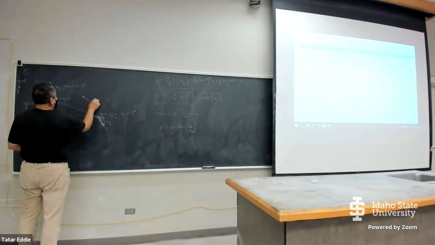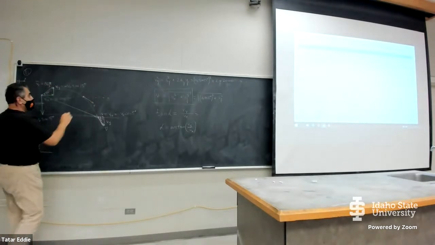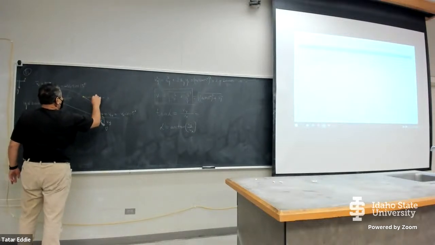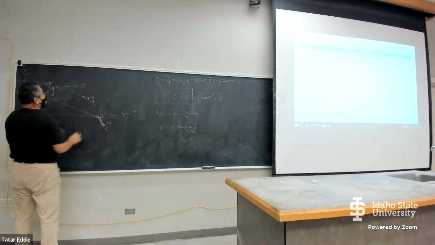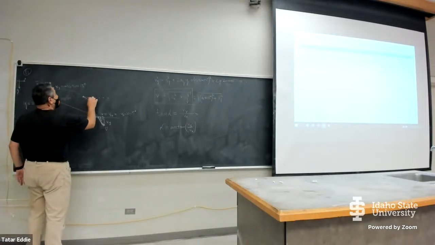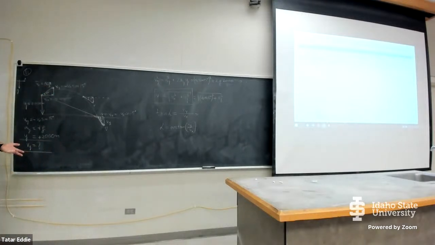And the symmetry of projectile motion tells you that this angle between the velocity vector and the horizontal is going to be again 15 degrees. This is from the properties of the projectile motion, right?